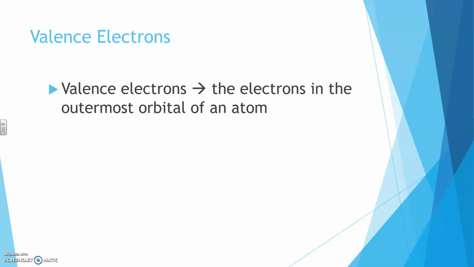But, alright, so moving along, we have valence electrons. Valence electrons are the electrons in the outermost orbital of an atom. Now, for most of the periodic table, it's relatively easy to figure out how many valence electrons are in each column. If you start with the first column, you have one valence electron. Go to the second column, you have two.